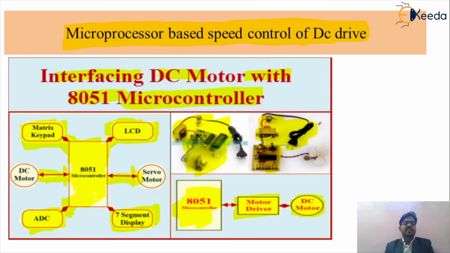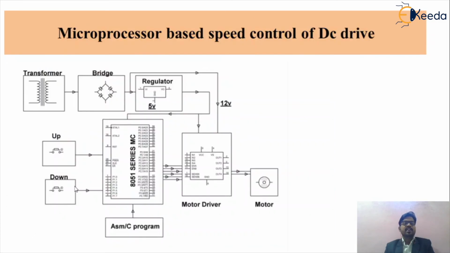Now we can understand this speed control strategy, called the microprocessor based speed control technique, by means of a detailed diagram. This should be called a detailed understanding diagram of the microprocessor based speed control. So friends, in that particular technique, we want to control the speed of your DC motor by means of the controller.